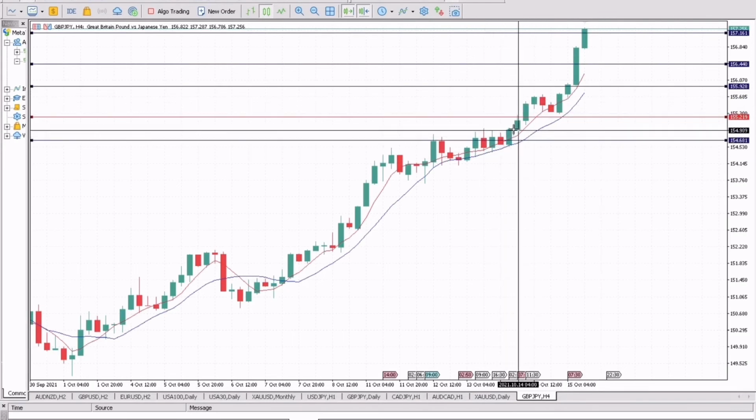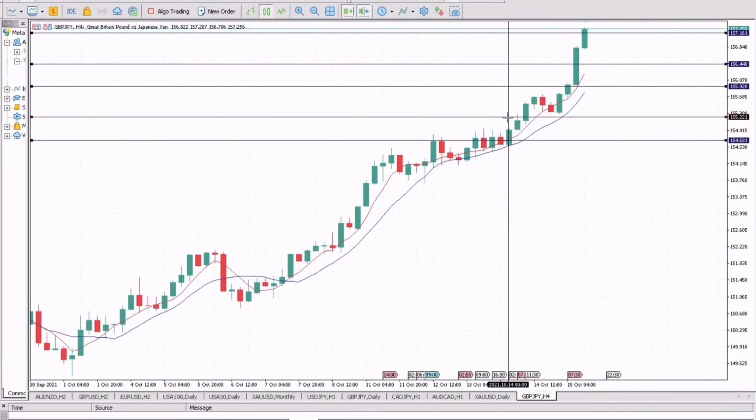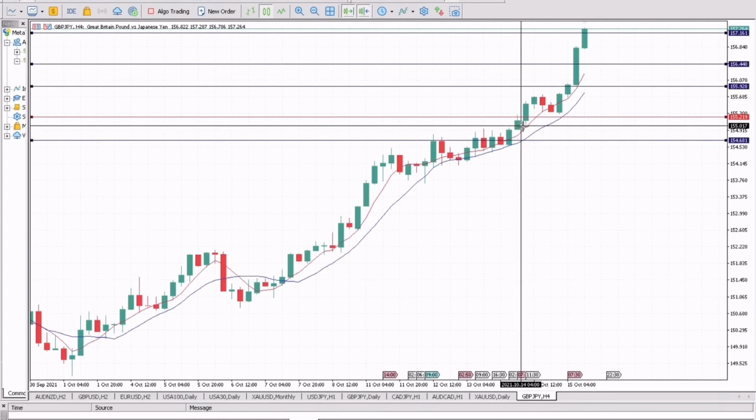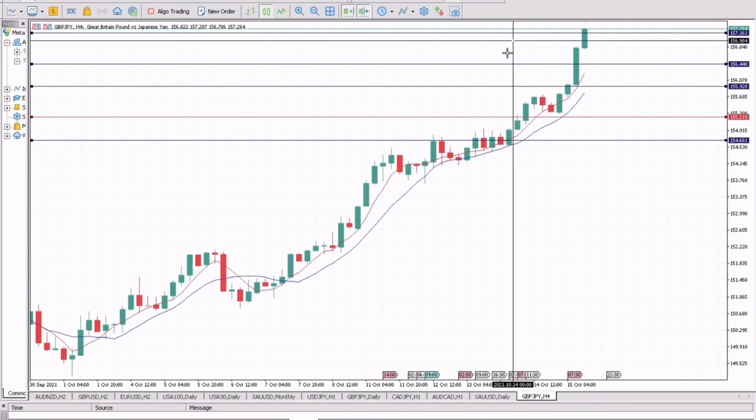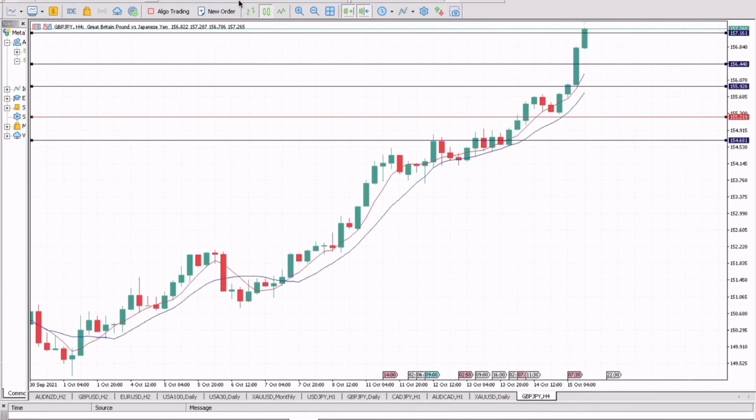Now this is what happened. Here is the pivot point. This now was the little wick you saw, and this was how the market started. And this now is the arrow 1. Here is our arrow 1.